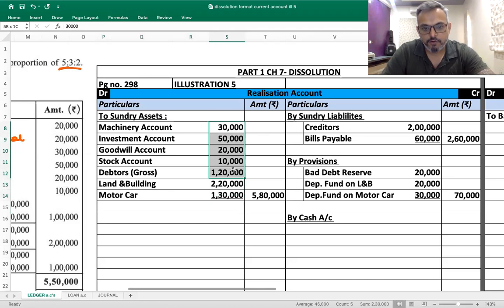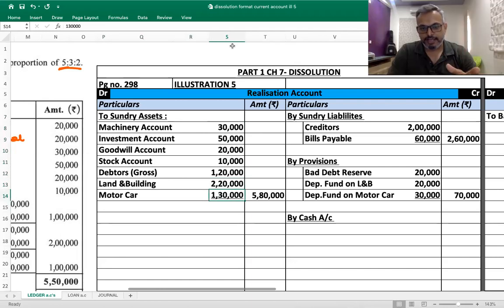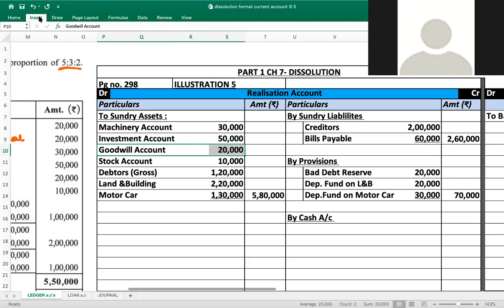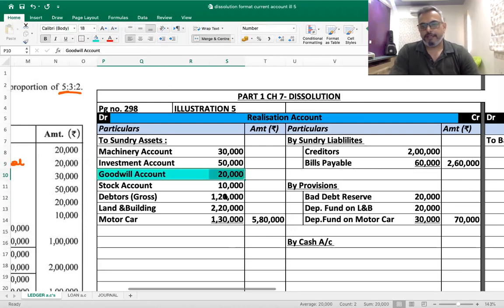This one is the book value or this one is the balance sheet value. यानी मान लो अगर कोई इंफॉर्मेशन लैंड एंड बिल्डिंग रियलाइजेशन के लिए दिया नहीं था, तो हम ऐसा ही मान लेते कि लैंड एंड बिल्डिंग 2,20,000 में बिक गया. मोटर कार के बारे में अगर कोई इंफॉर्मेशन नहीं दिया है तो हम ऐसा मानते कि हमने मोटर कार 1,30,000 में बेच दिया. बट गुडविल के बारे में अगर कोई इंफॉर्मेशन नहीं दिया हो तो हम ऐसा मानेंगे कि गुडविल के लिए हमें कोई भी पैसा मिला नहीं.